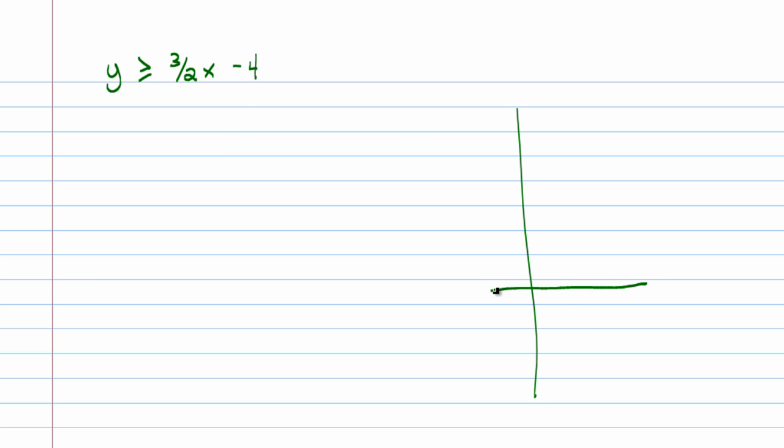Well, the y-intercept is negative 4, and then I'm going to rise 1, 2, 3, and 1, 2, 3, there we go, and run 2, and I'm going to connect those with a solid line because it's greater than or equal to. Then I'll ask myself, when are the heights above this line? When are my y values above this red line? Well, they're above this red line in this region, so this must be the region that gets shaded.